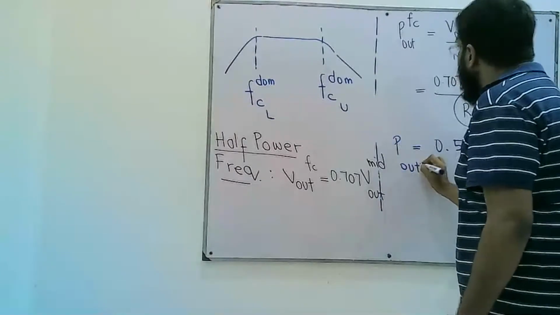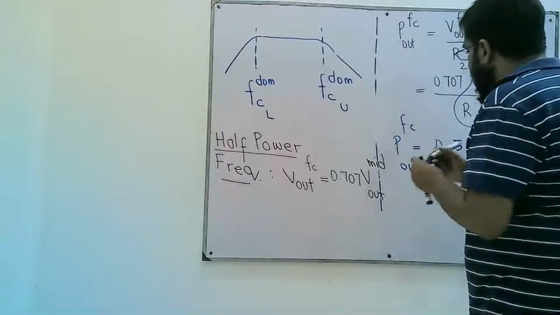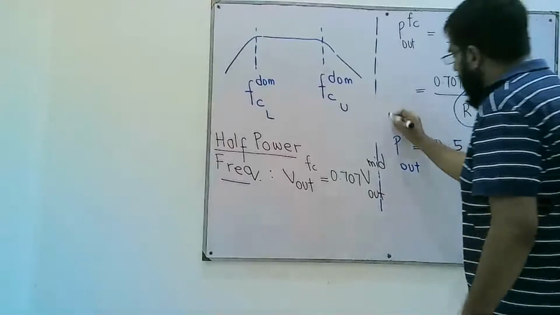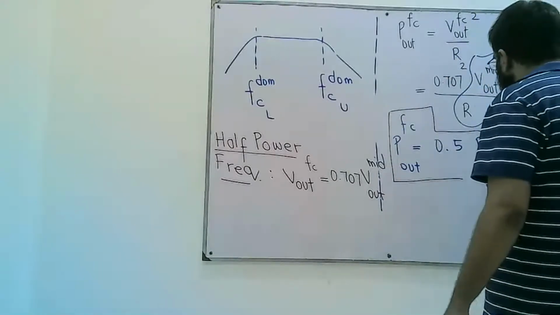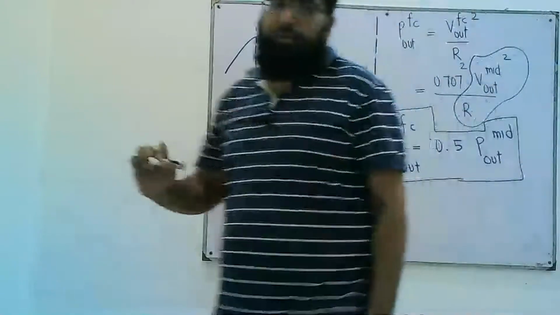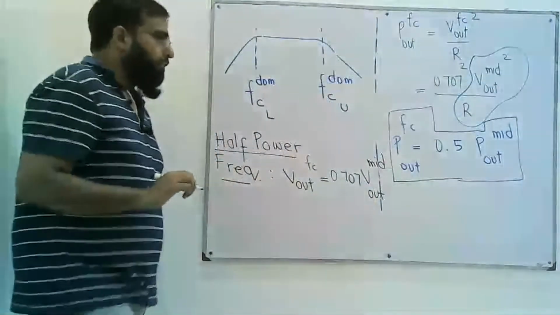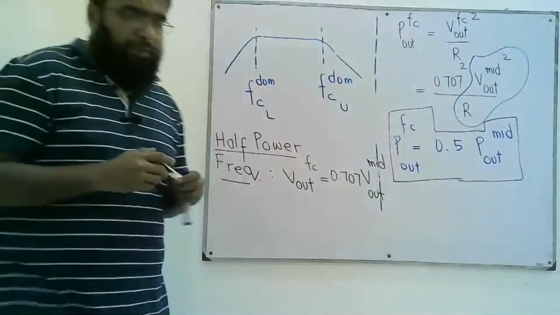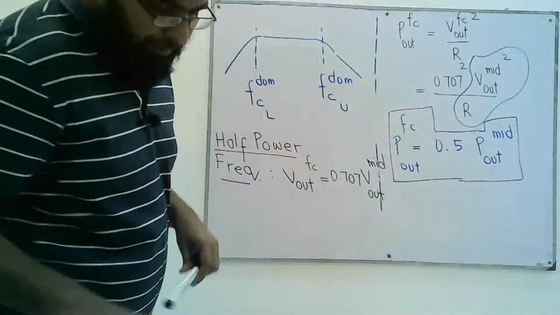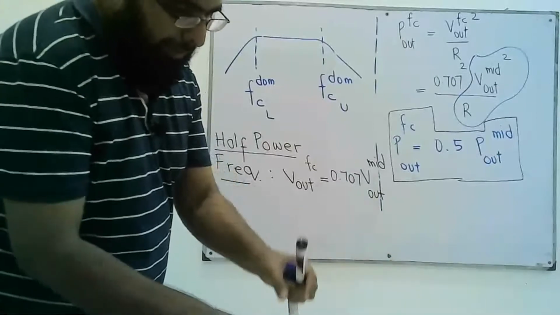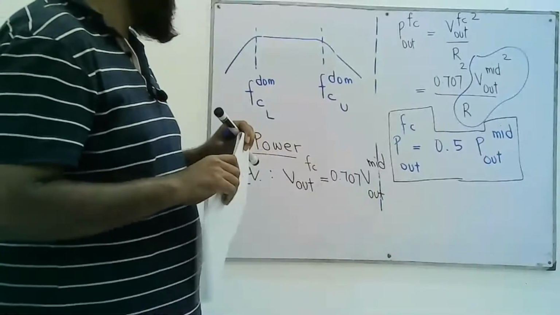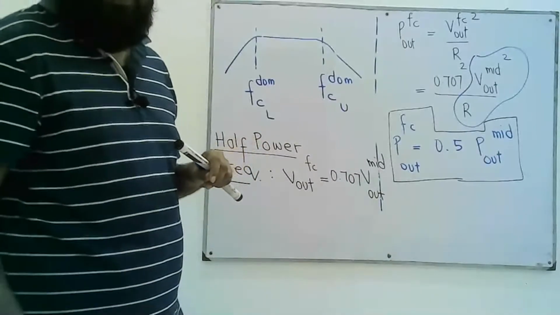So the output power at Fc is half, or 0.5 times the power available during midband. So that is why any of the two, lower or upper cutoff frequency, are also called half power frequency.